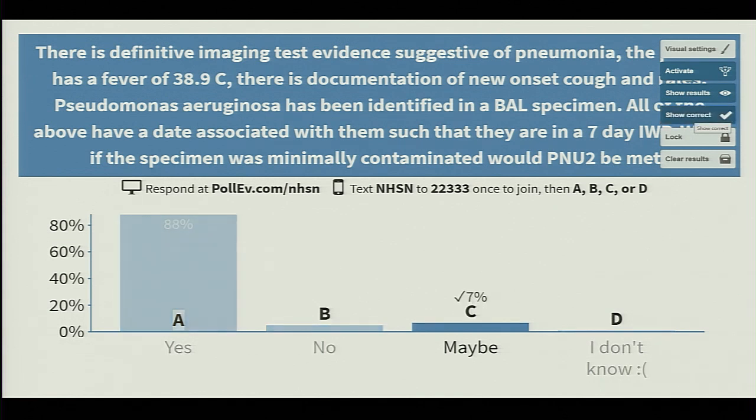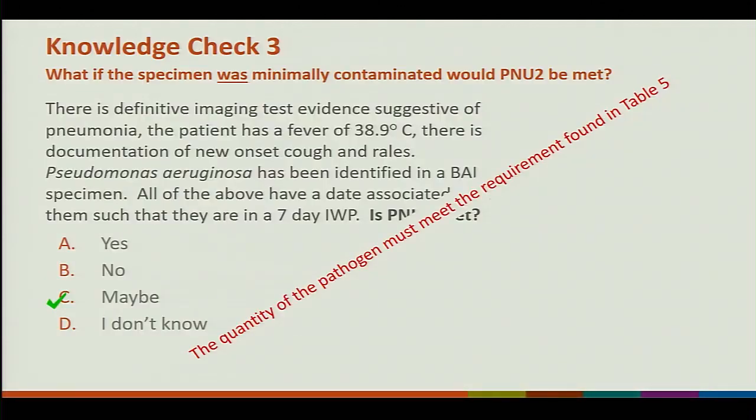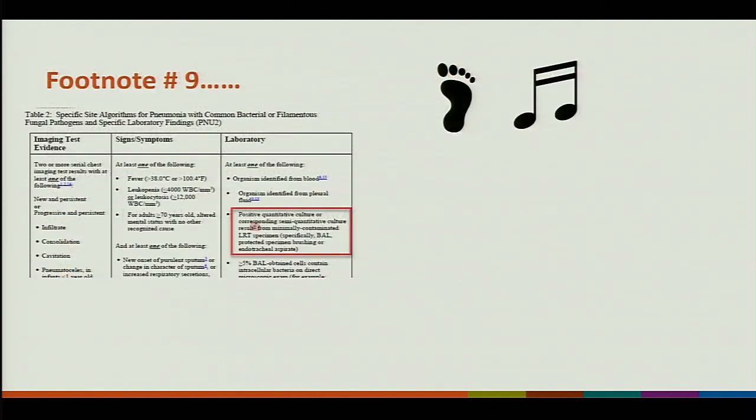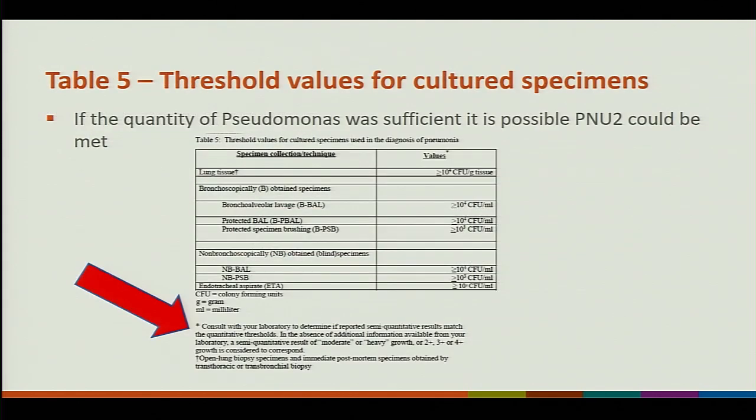Okay, so the answer is maybe. You do have an eligible specimen. It's a BAL, but you need to know the quantity. We don't have the quantity of the Pseudomonas. And again, guess where you find this? In the footnotes. You have to check Table 5. You need to know if you have an acceptable quantity that can be used to meet new 2, even with the BAL specimen.